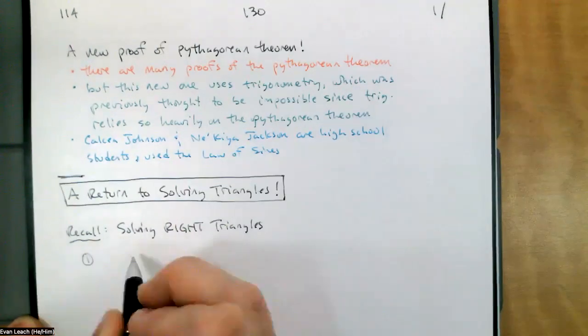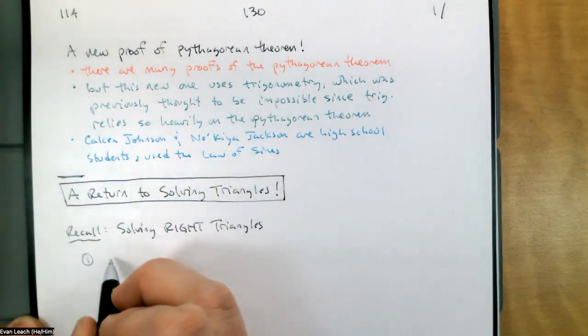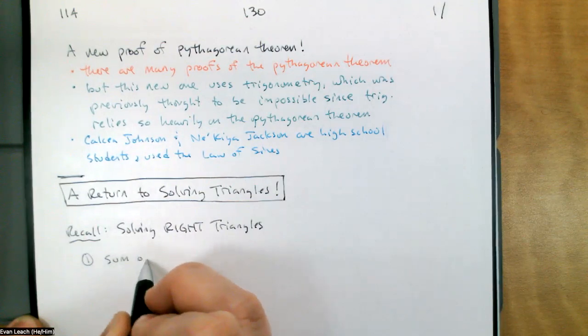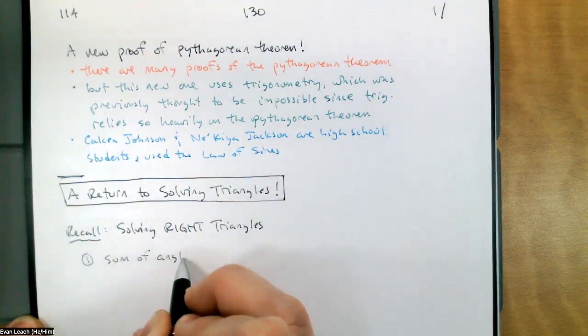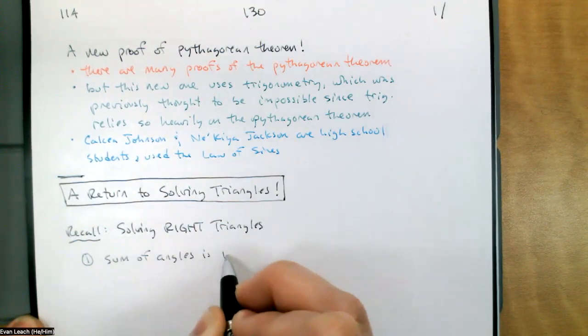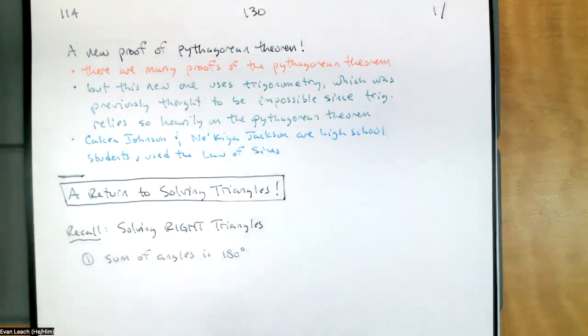Once we're solving right triangles, we have the following tools. First, the sum of the angles in a triangle is 180 degrees, or pi radians, if you want to solve your triangles in radians. Because we're dealing with right triangles, we get to use the Pythagorean theorem.